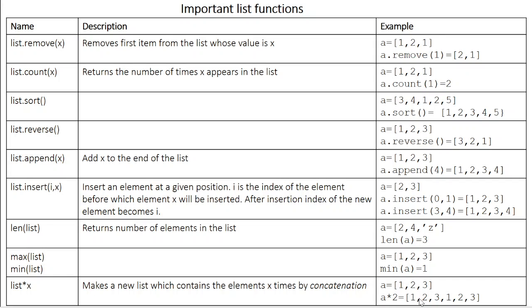So your output is going to be [1, 2, 3, 1, 2, 3]. Basically it combines A with itself twice. This is similar to the string operation. Suppose you have string A and string B. When you say A + B, that is not a mathematical addition. Basically string A will be combined with string B, right? So this is a combination, not multiplication. This is a combination or concatenation.